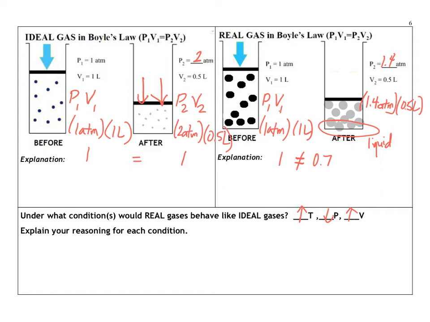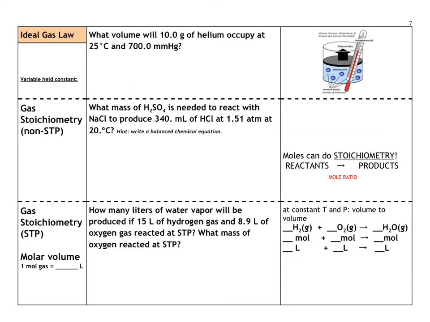Each time we've gone through all these gas laws, Boyle's, Charles's, Gay-Lussac's, as well as the combined gas law and Avogadro's principle, we are basing it off of the ideal gas law, which is PV equals nRT.